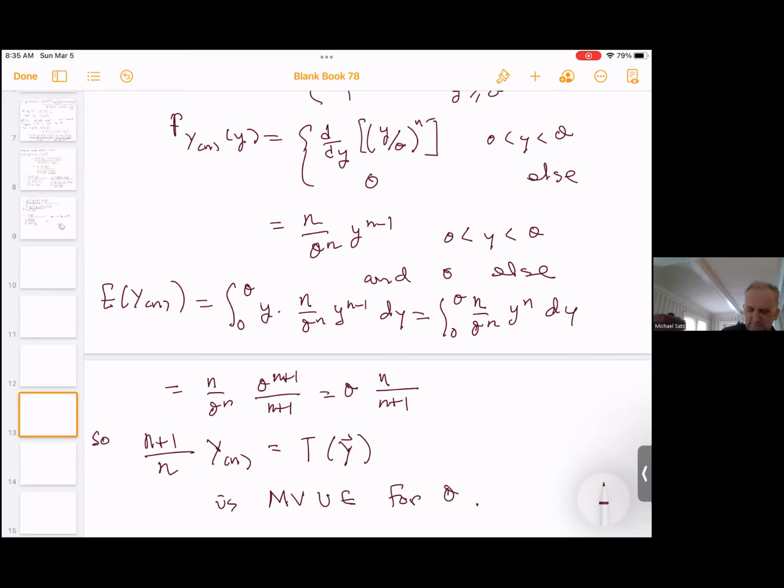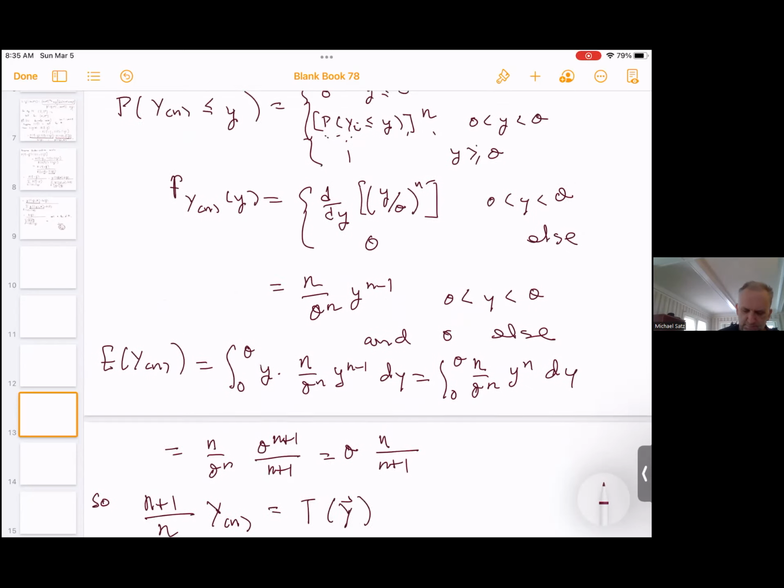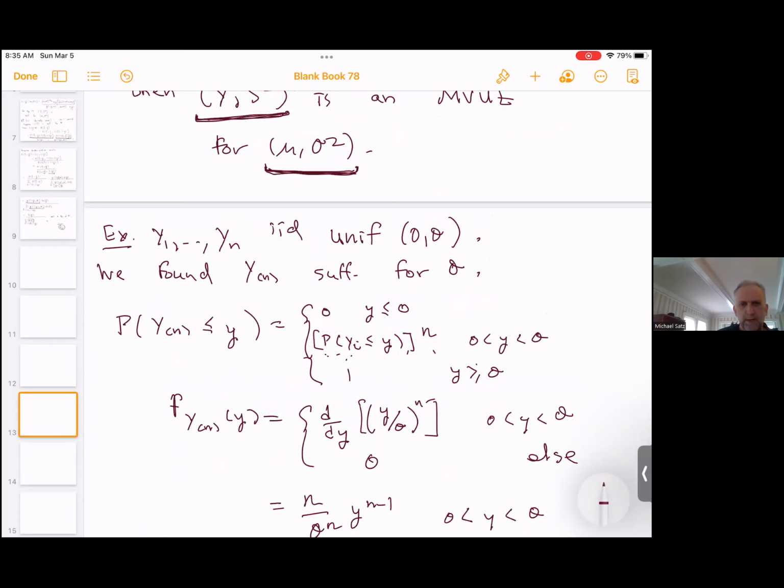Just take the max, shift it slightly to the right by multiplying by n plus 1 over n, and you've got your MVUE for this case. Okay, we'll stop now.